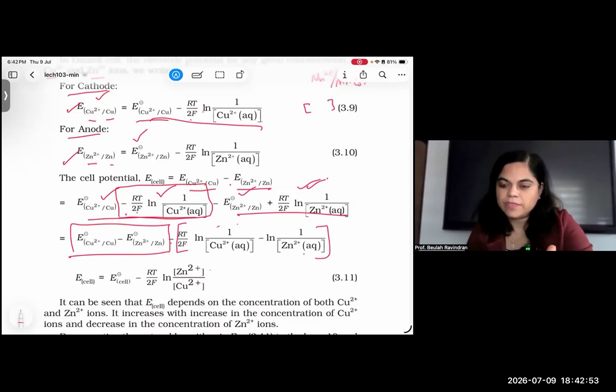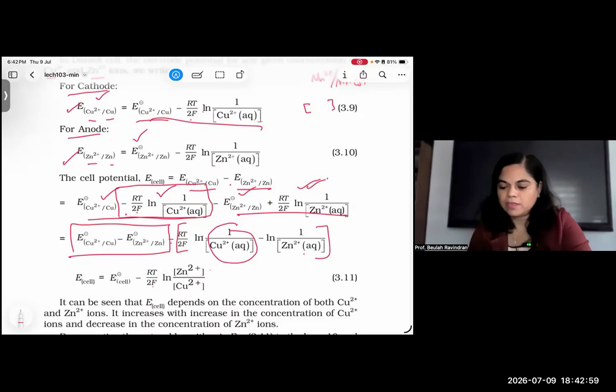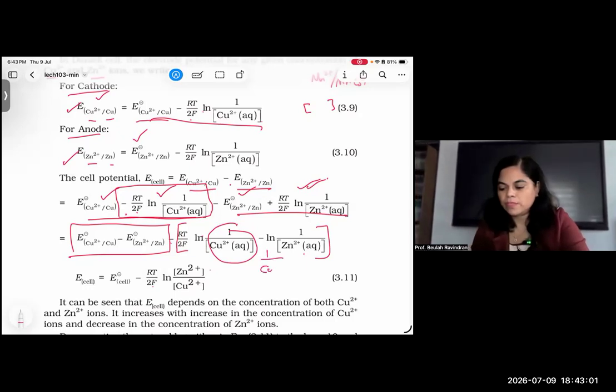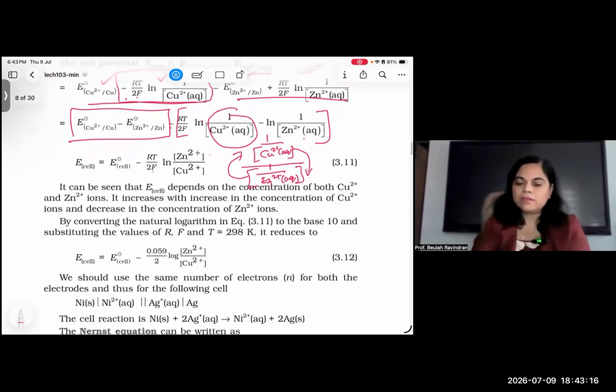And then RT by 2F is a constant term, and then ln of A means 1 by copper 2 plus aqueous concentration, by B, zinc 2 plus aqueous concentration. So it comes to the denominator, comes to the numerator. Got it? So this is what it represents.